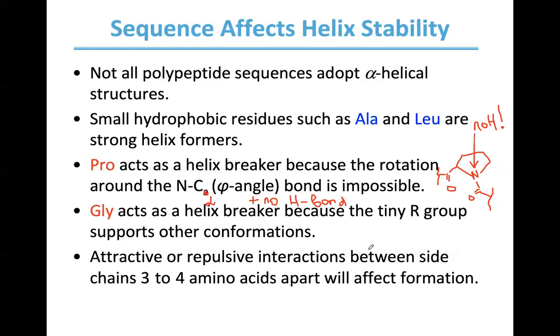Plus no H bond. What about glycine? Why is glycine a helix breaker? Because its R group is just a hydrogen. And what does that do?